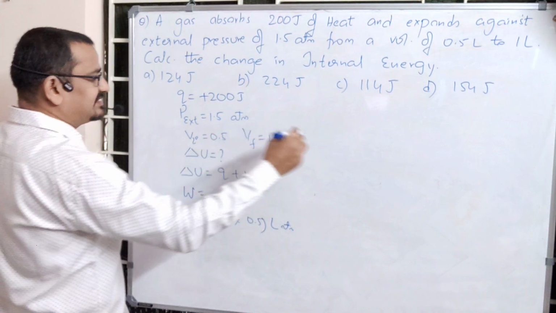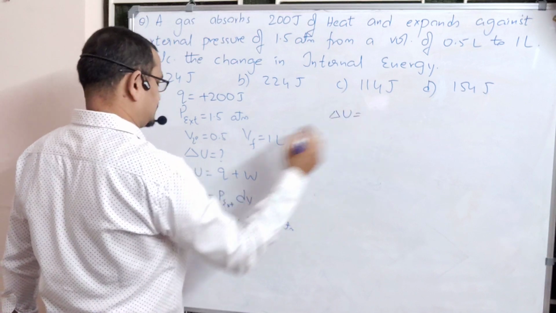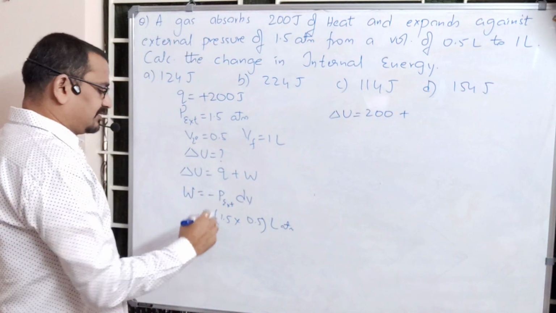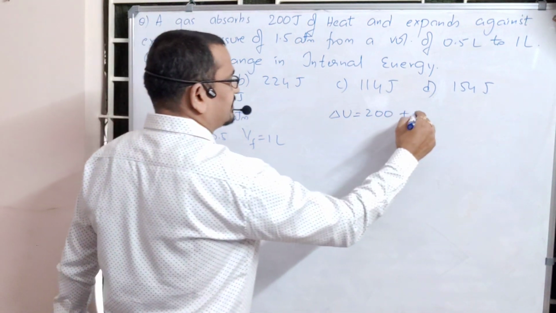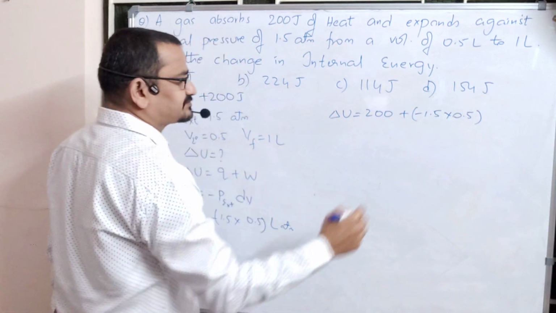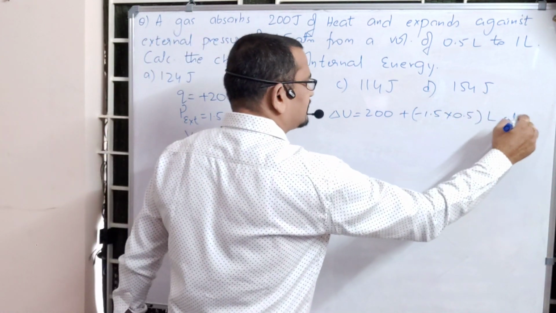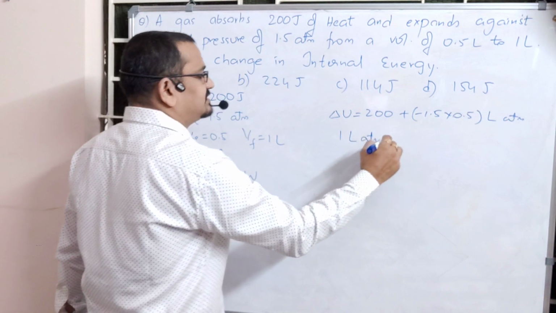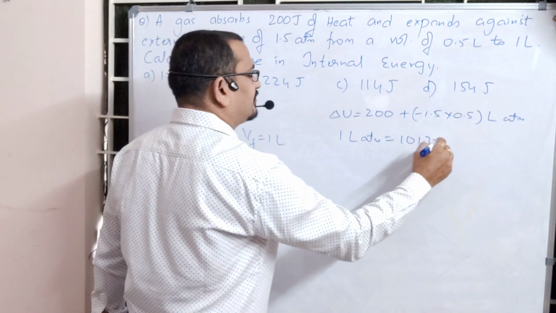By substituting this in the formula, delta U equals 200 plus, W is minus 1.5 into 0.5 liter atmosphere. 1 liter atmosphere is equal to 101.325 joules.